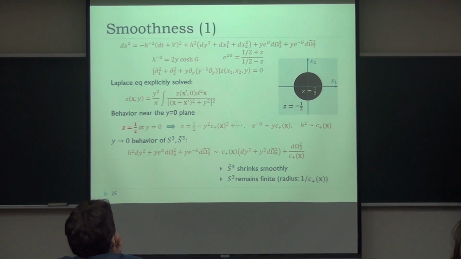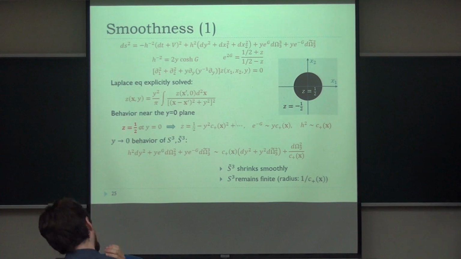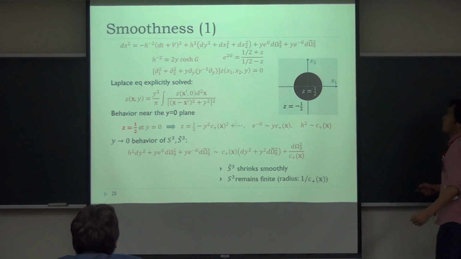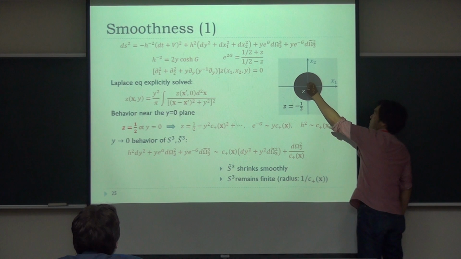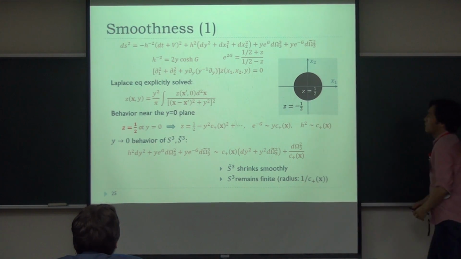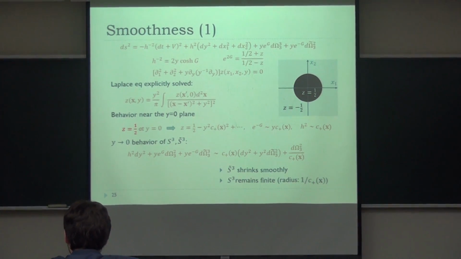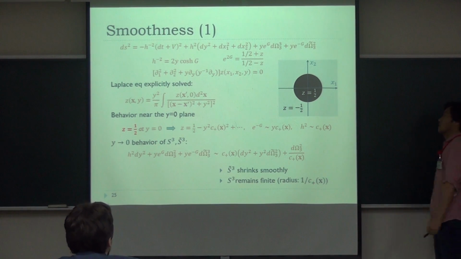So in particular, consider the behavior of this function z near the y equals 0 plane. When you're approaching some point over here where z is +1/2, then the first term in this expansion, if we are expanding z in y, should be 1/2, because that's the boundary condition.